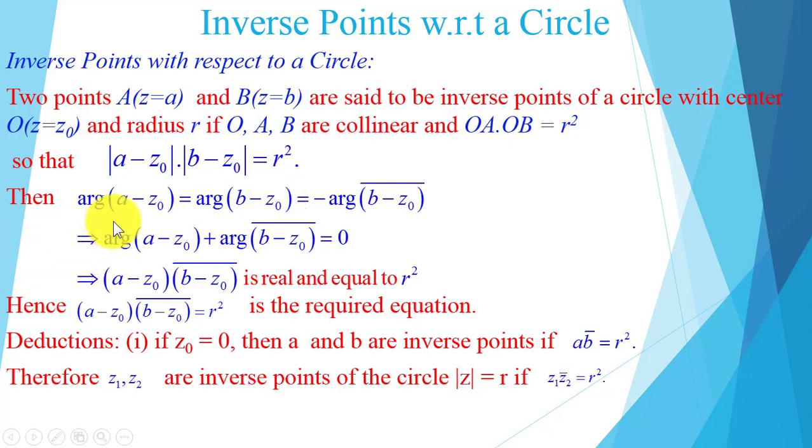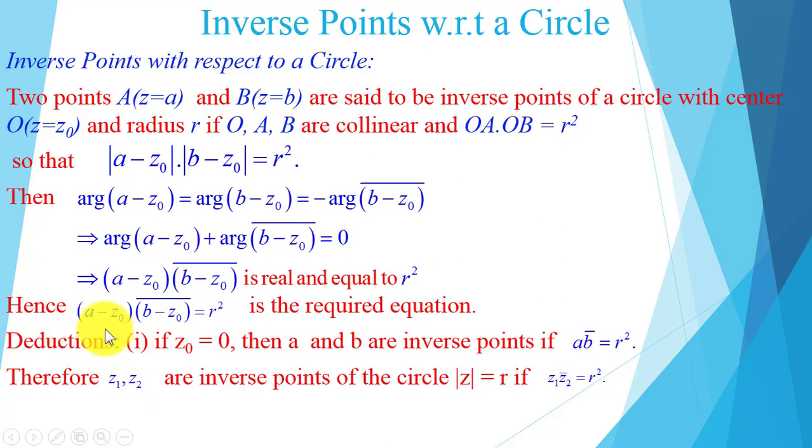Then argument of (A minus z naught) is equal to argument of (B minus z naught) is equal to minus of argument of (B minus z naught) bar, which implies that argument of (A minus z naught) plus argument of (B minus z naught) whole bar is equal to 0, which implies that (A minus z naught) times (B minus z naught) whole bar is real and equal to R square.